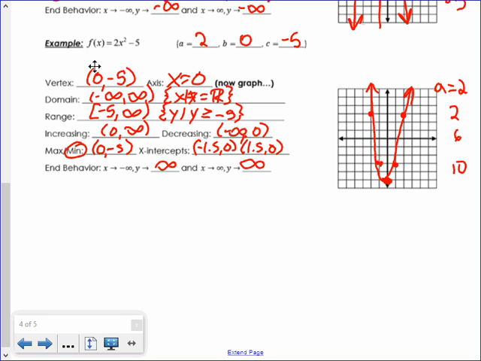Sorry? It's 2 vertical lines and you draw the arrow. Other questions?